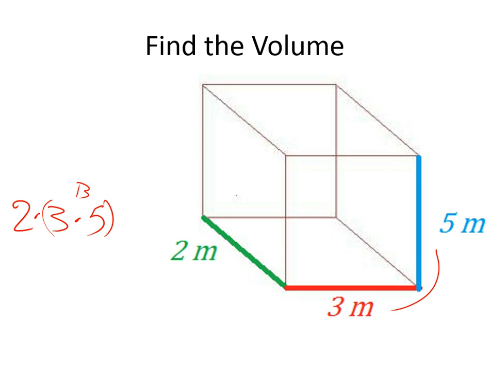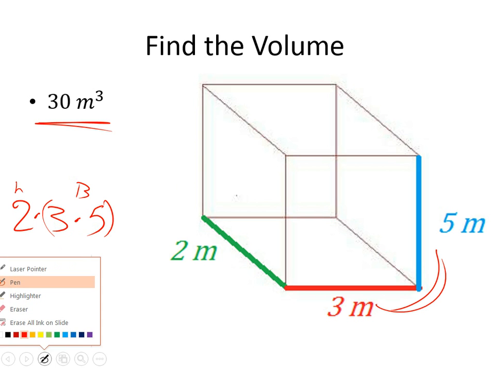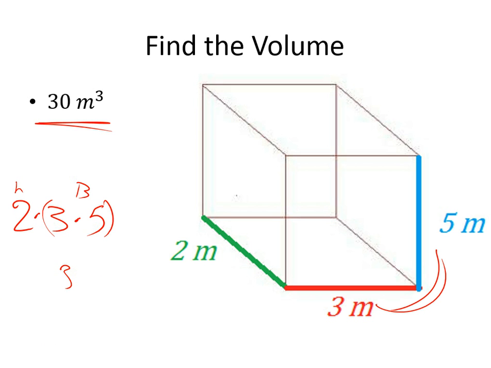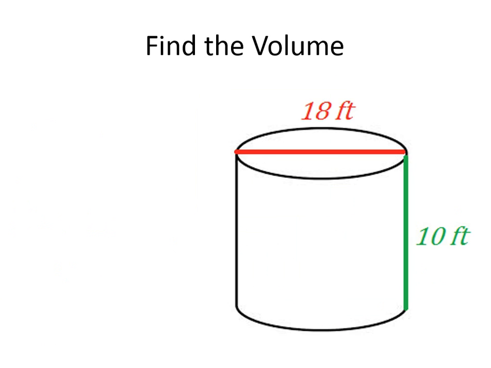This is our B, and then our height is 2. So 3 times 5 is 15, multiplied by 2 gets us 30. So it's 30 meters cubed. Do not forget that cube. That is key, because that identifies that we're finding volume and not area or just a length.